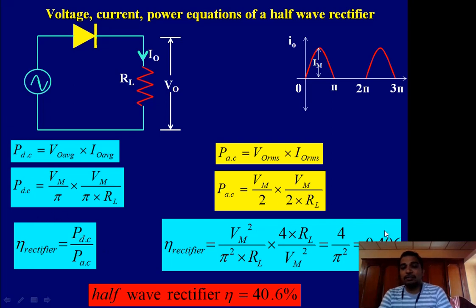So the answer we got is 40.6%. Almost 60% of the total power available is not useful, not on the DC side. So out of total power only 40% is DC.